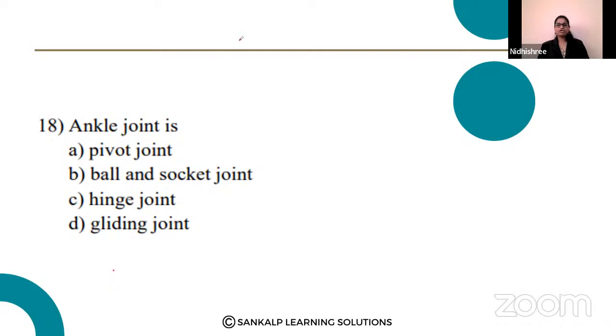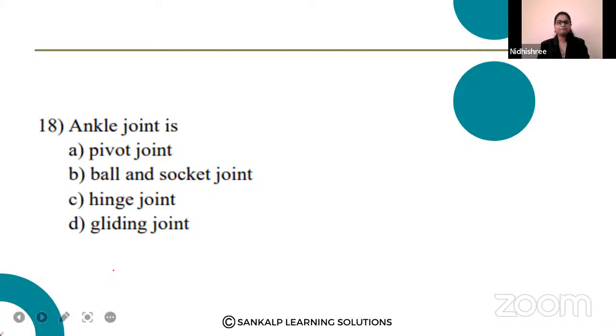Preeti, option D. Rakshita, option C. Nuhu Sayyed, option D. Amruta, option D. DB, option D. Lohit, option D. Saumelal, option D. Shilpa Nayak, option D. Most of you voted for option D, that is gliding joint. I repeat, ankle joint is which type of joint? DB, option C. Parvati, option D.